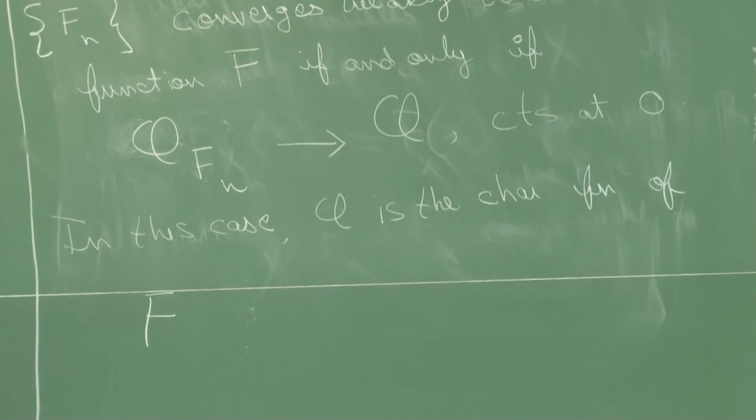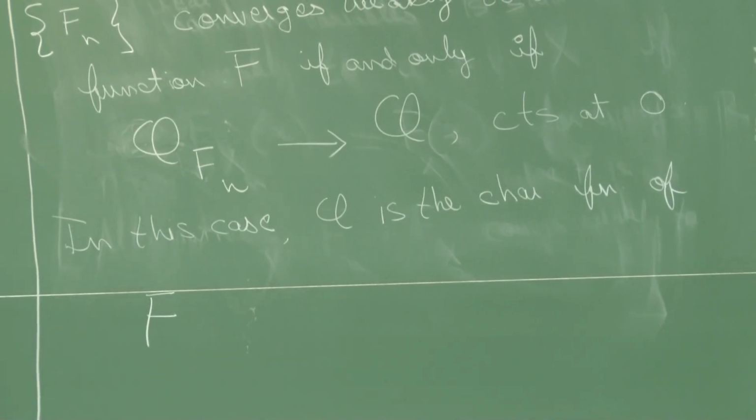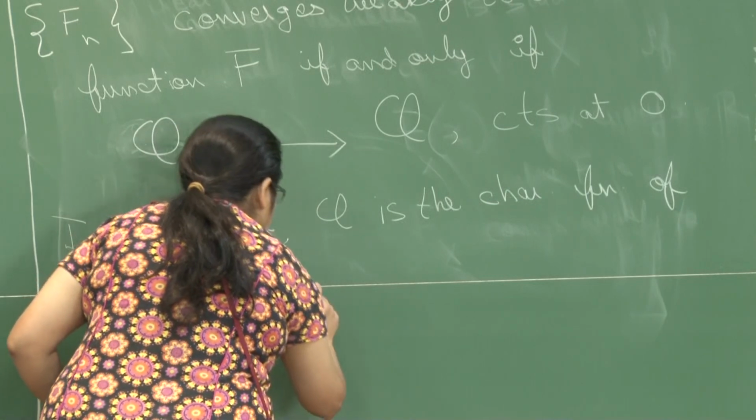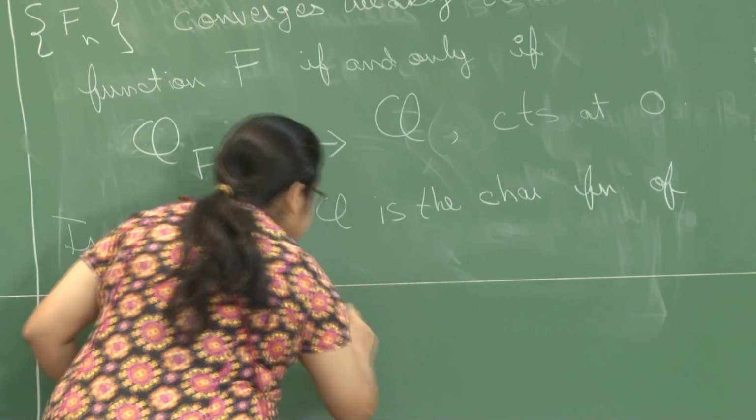So, to say that Fn converges to F is equivalent to saying that phi Fn converges to phi F.